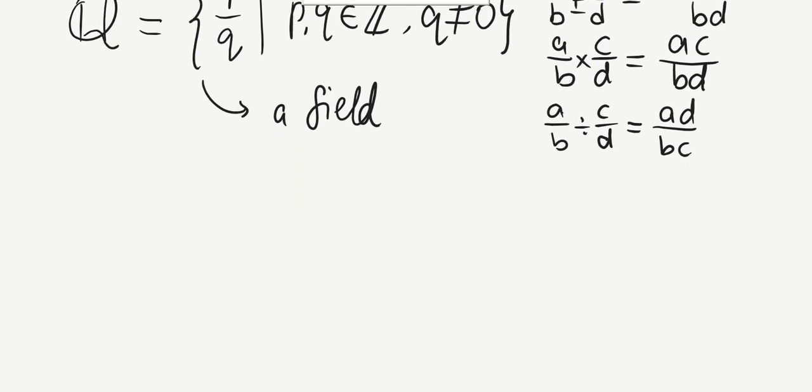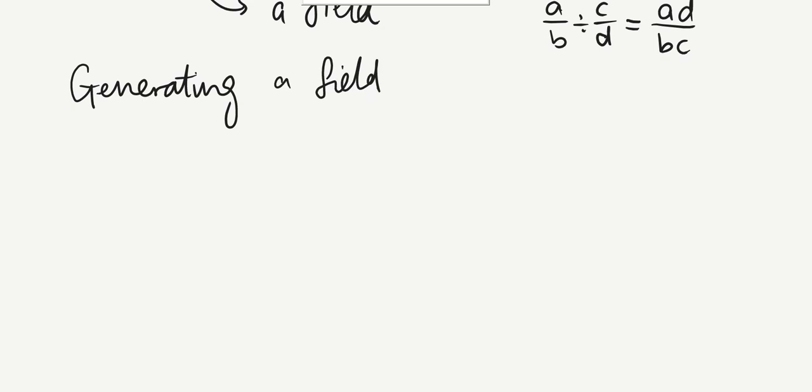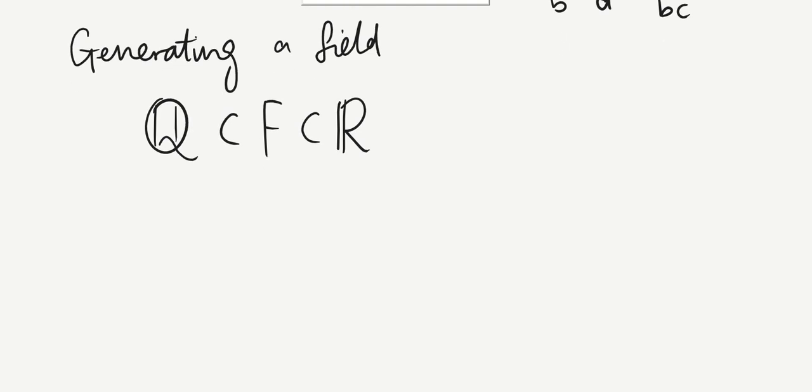However, I want to generate a field between Q and R. Let's see if that's possible. So to generate a field between Q and R, let's find something that is in R but not in Q. For example, square root 2 is not in Q. So what is square root 2?